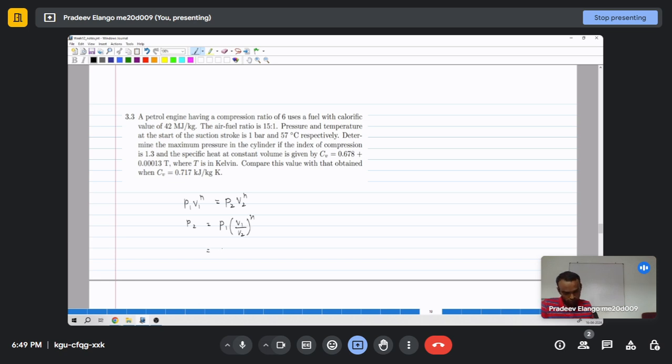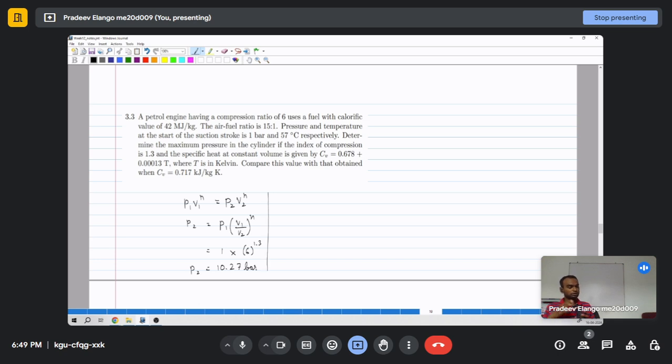P1 is 1 bar and V1 by V2 is given as the compression ratio, that is 6, and the compression index is given as 1.3. So we can calculate the second pressure. So this is 10.27 bar.